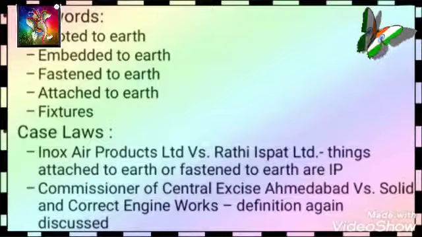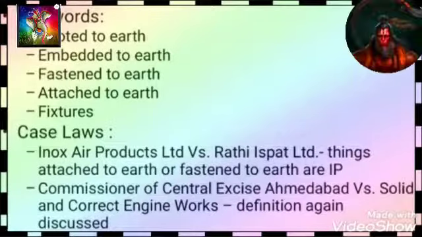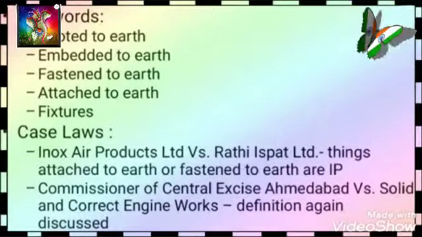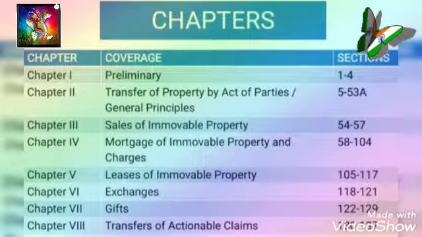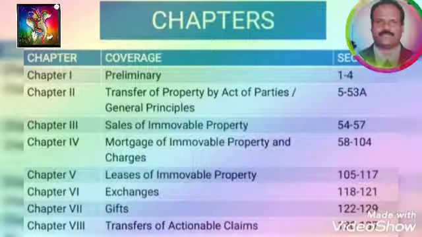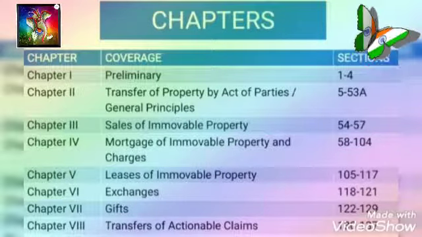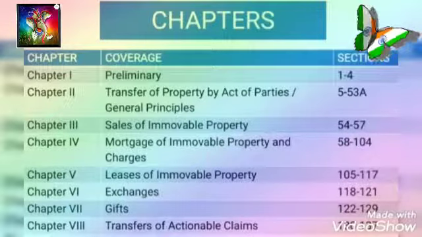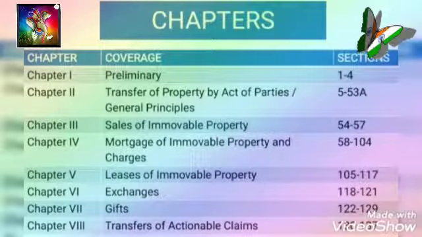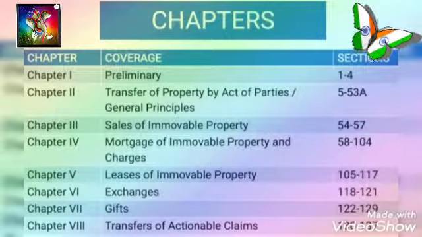Immovability is incapacity for such alteration. If, however, a thing cannot change its place without injury to its quality, it is immovable. Immovable property in the General Clauses Act 1897, Section 3, Subsection 25, which applies to this Act, defines immovable property as including land, benefit arising out of land, and things attached to the earth.